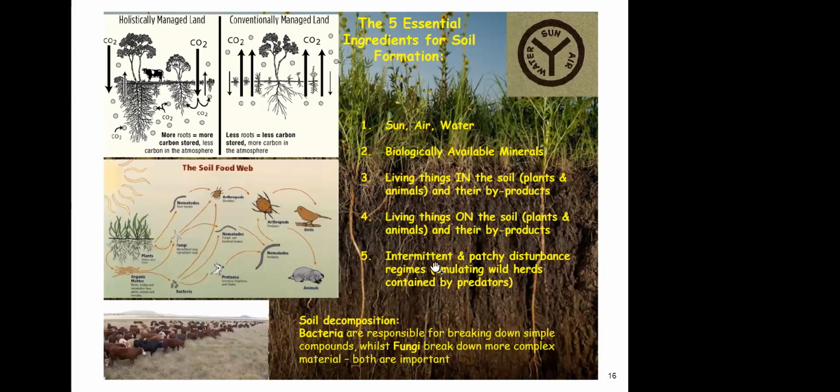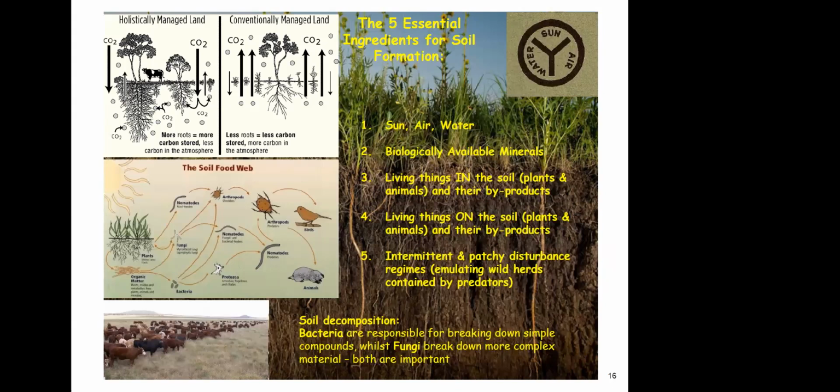That sounds quite scientific, but basically in brackets it means emulating the wild herds contained by predators. So we'll be posting a link, if I'm not mistaken, it is in the manual, but we're going to emphasize it in the notices. There's a TED talk by Alan Savory on holistic management.